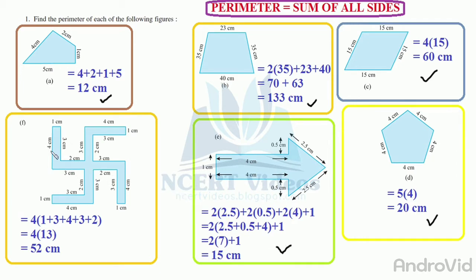This seems to be a complex figure, but it is very easy if we check it very carefully. You can see the same pattern has been repeated in all 4 sides. This is 4 centimeter, and this is 3 centimeter in all the 4 figures, and again you can see here it is 3 centimeter and then 2 centimeter here, 2 in another.